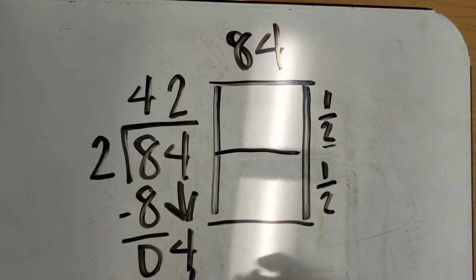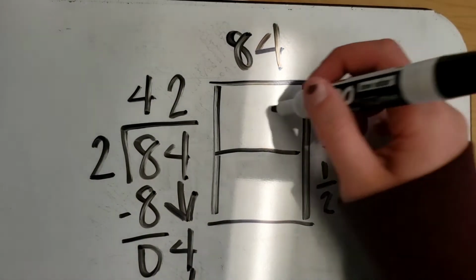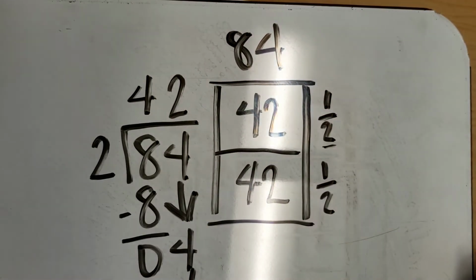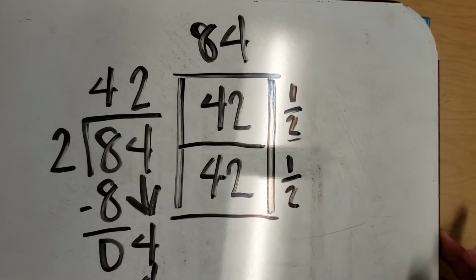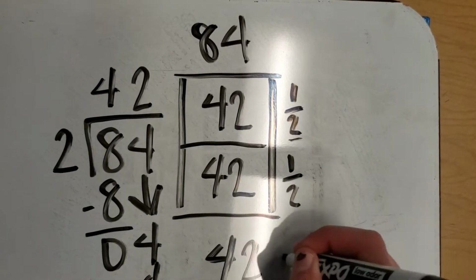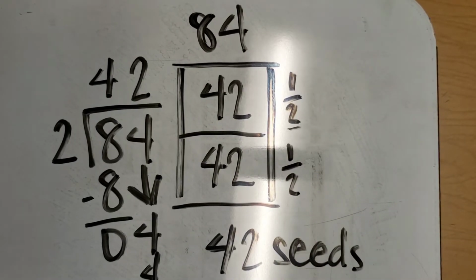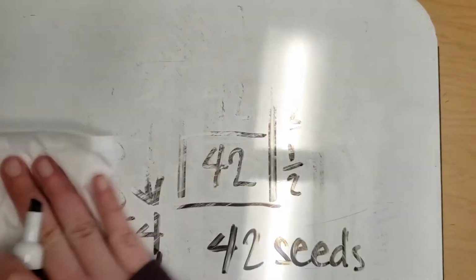No remainders. So, dividing it in half, you get 42 seeds in each sprouted. So our answer would be 42 seeds. That's our answer. So again, we're just dividing by that denominator, what's there at the bottom.